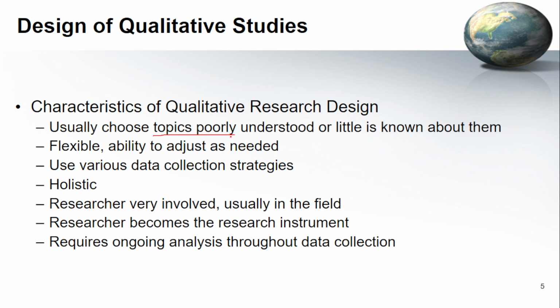Qualitative design uses various data collection strategies or techniques, and in this research, we use a complete approach, I mean a holistic approach. So the holistic approach is the complete thought. The researcher is very involved in the field. The researcher becomes the instrument and requires ongoing data analysis.